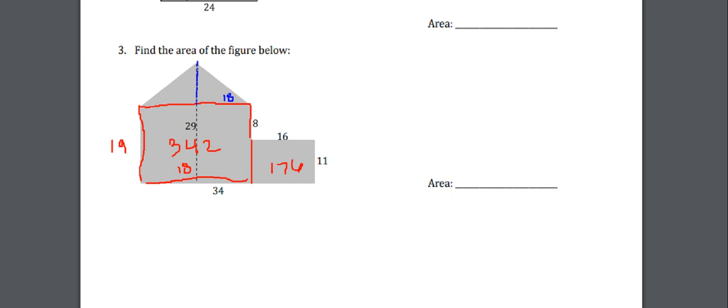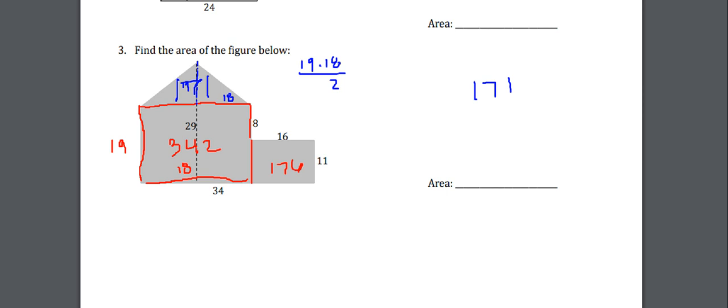Well, if this whole line is 29, and we want to take away this portion, which is 8 and 11, which is 19, well then, to find the area of a triangle, it's base times height divided by 2. So 19 times 18 divided by 2 is going to give us 171.